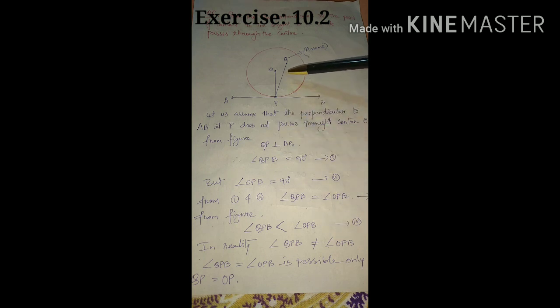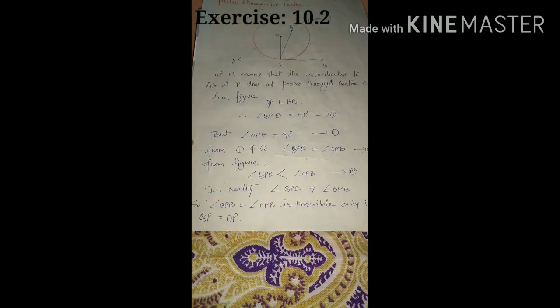So from here what can we say? In reality, these two angles, QPB and OPB, are not equal. Is it clear? So these two angles are not equal. The only possibility is that QPB and OPB are equal. What is the possibility here? If OPB and QPB are equal, these two are only possible if QP and OP are the same.